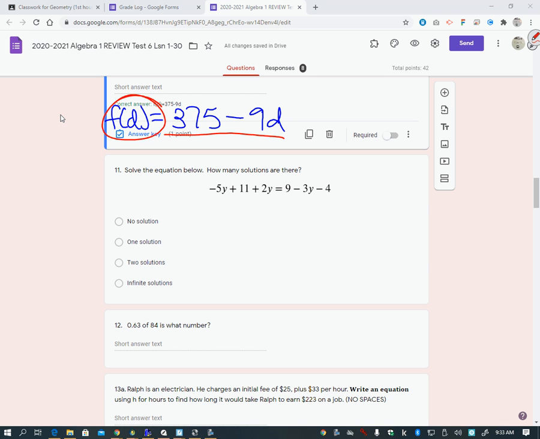This is function notation, okay? Do we understand each other? I'm trying to make sure that you know everything you need to know walking into this so that you don't get things counted wrong just because of little nitpicky things. We all understand? All right, because I don't want to have to grade this, feel terrible, and then you're all mad at me because I didn't tell you. Okay, good here?